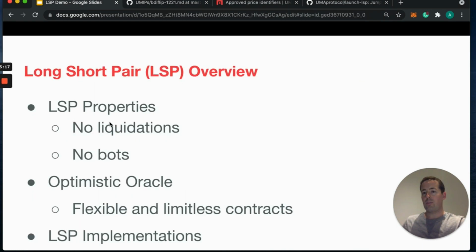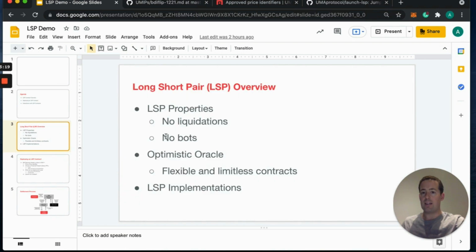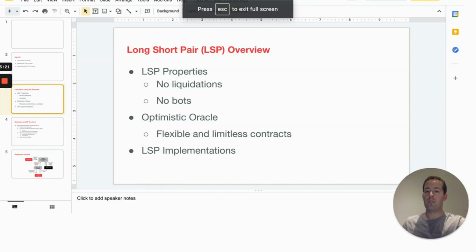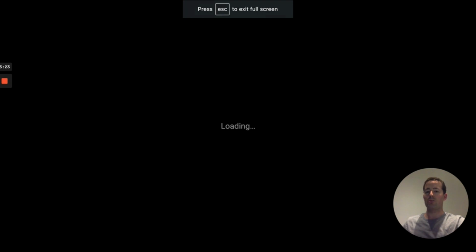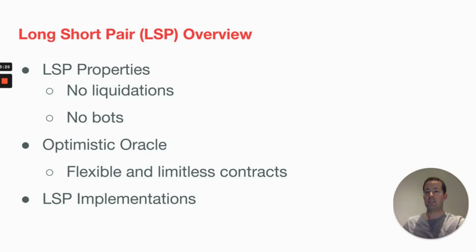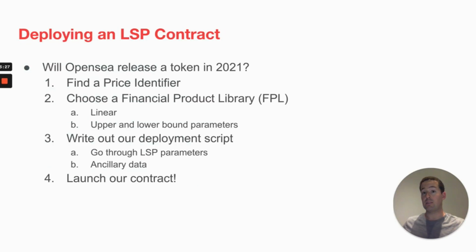So going back into the slides, our next step is to create an LSP contract. What we're going to do today is make a contract that does a payout based on whether OpenSea will launch a token in 2021.